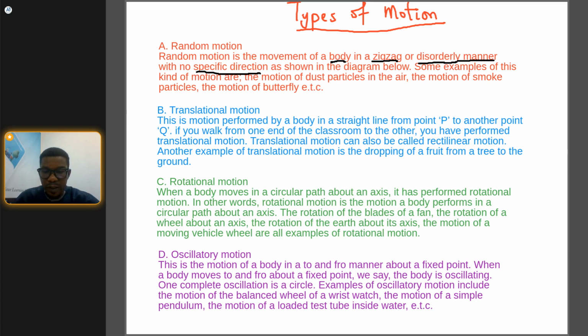I want to send the diagram so we can all see what random motion is all about.